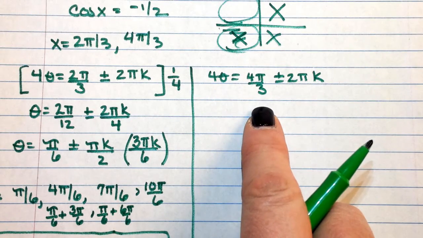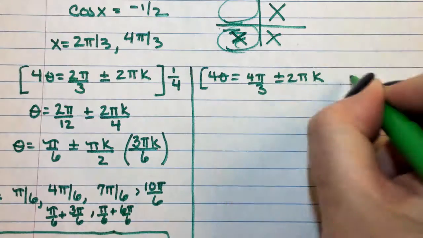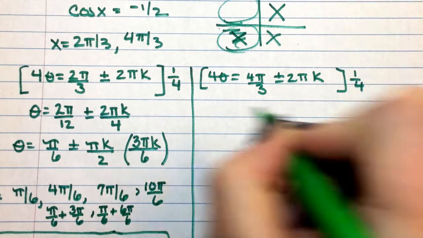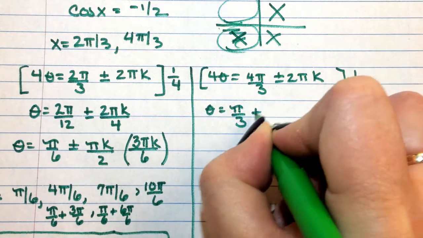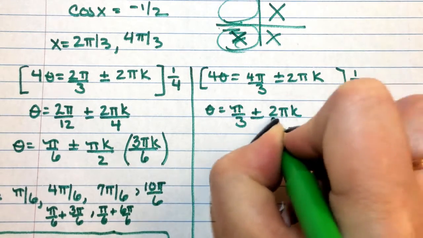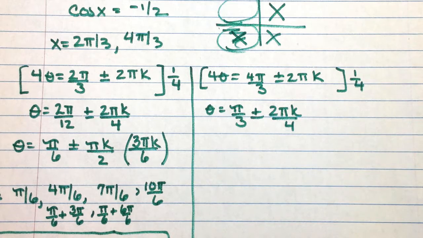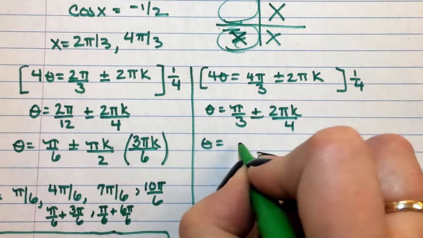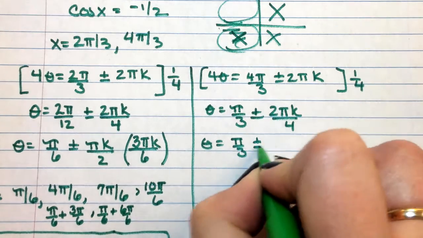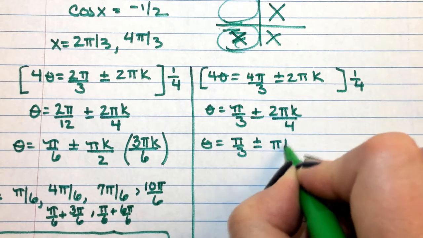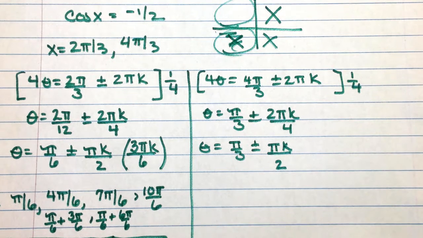So I'm going to multiply this by a 4th. So I end up with theta is equal to pi over 3 plus or minus 2 pi k over 4. So theta is going to be equal to pi over 3 plus or minus pi k over 2.